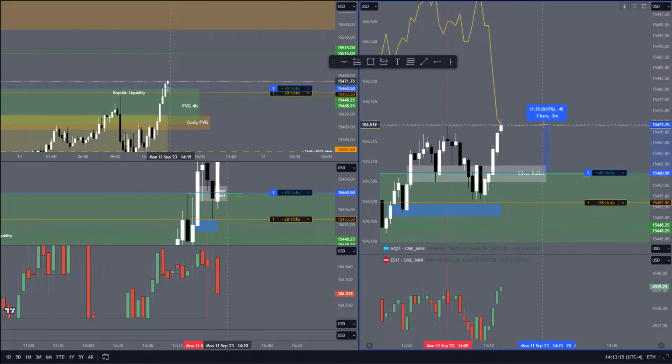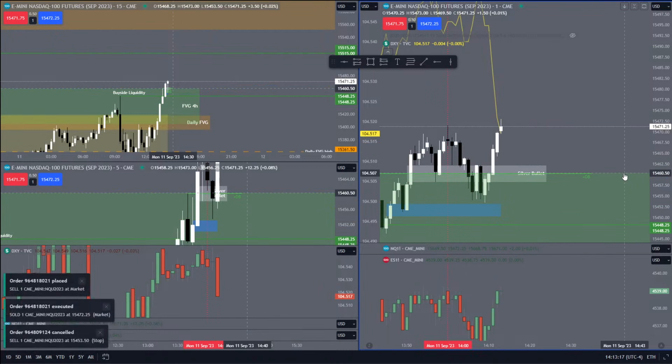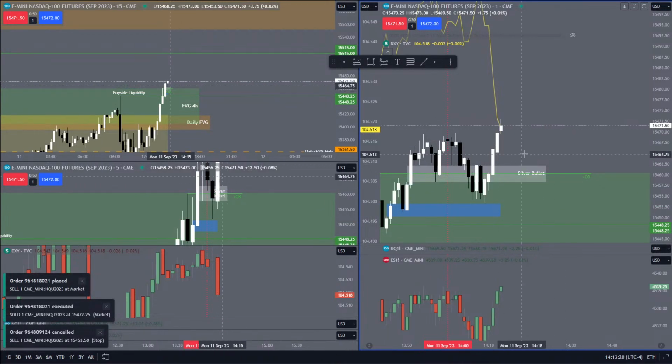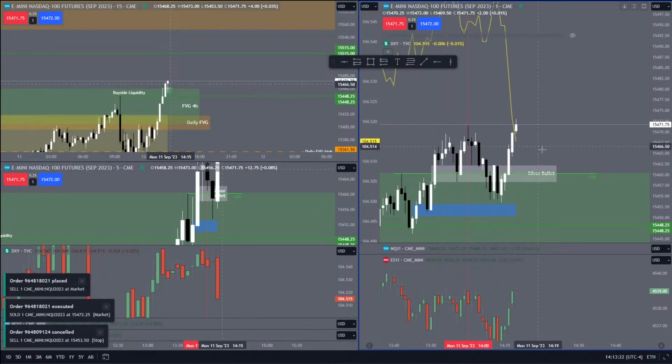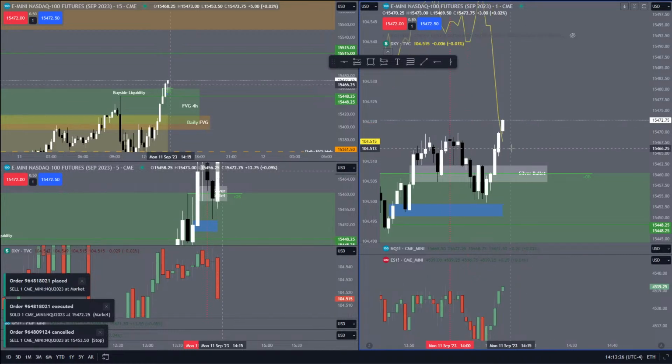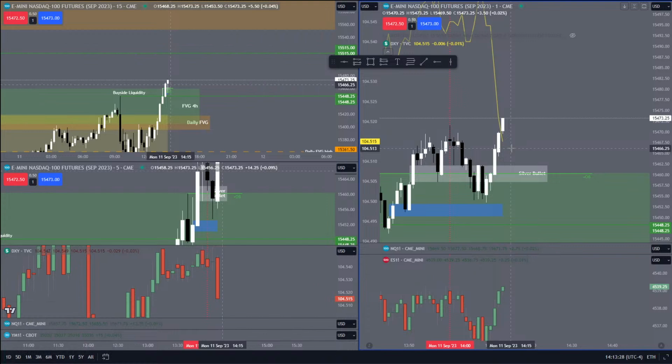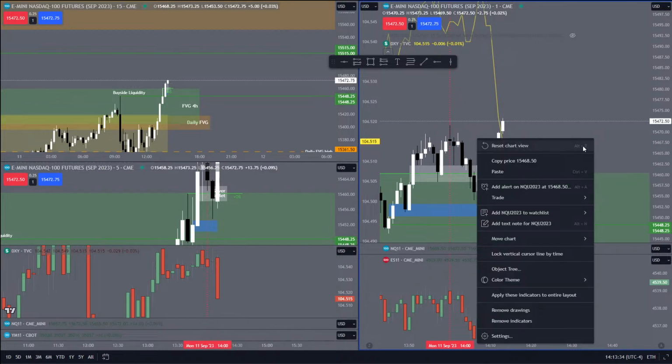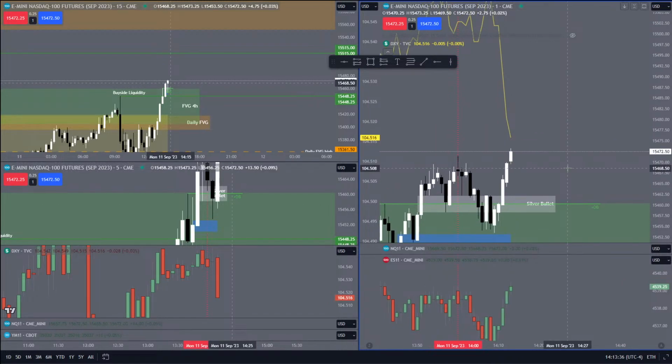So that is 10 handles right there. Close that out, took a little profit. I think we're still down on the day. Technically, I think that's 3 trades on the day for me.